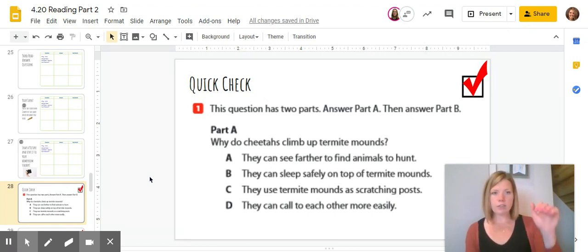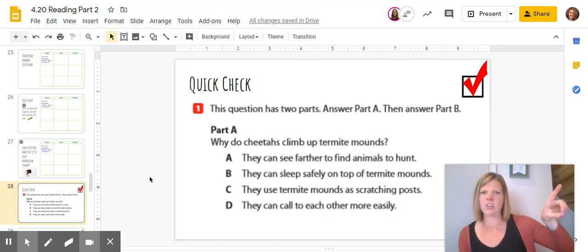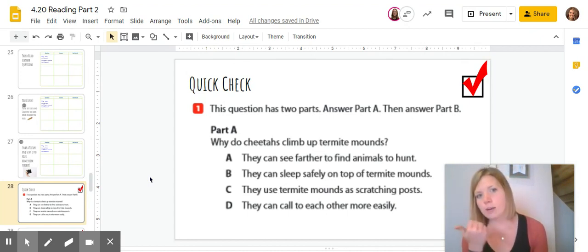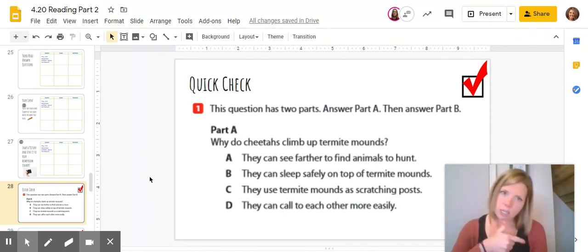So if you need a refresher, here is A, B, C, or D. Now, you're at home and you're alone, so if you just want to shout it, you can. But if you also just want to practice with your sign language, go ahead and do that when I say show me. Also, if you need to, pause the video before you listen to the answer, go back to the text, find it, come back, hit play, and you'll see if you're correct.